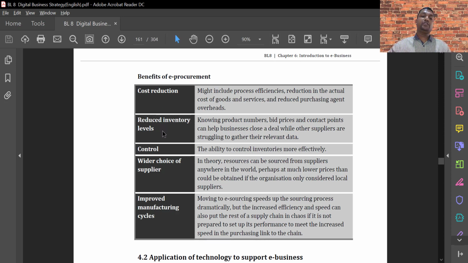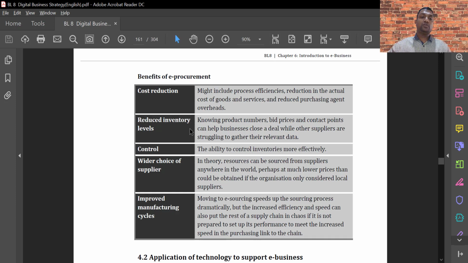And then reduce inventory levels, right? Since the procurement of items required is online, the existing inventory levels and the speed at which the stocks are being consumed, everything can be checked in the system. There's nothing to be done on the manual side. At any given time, product numbers, the prices, everything is available in the system.